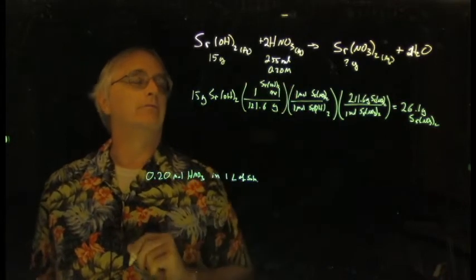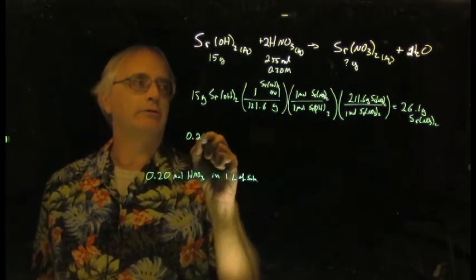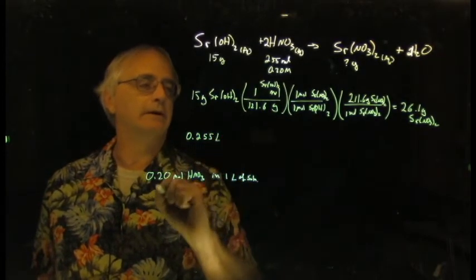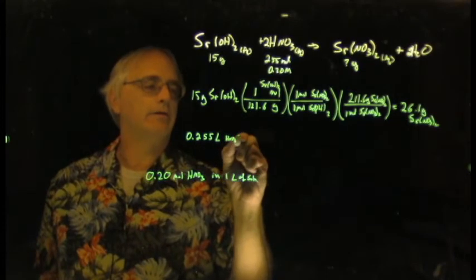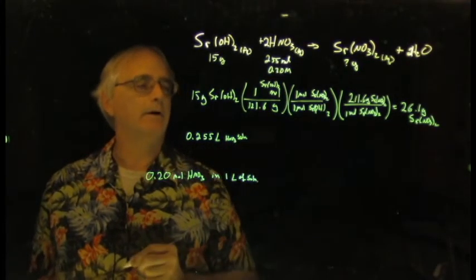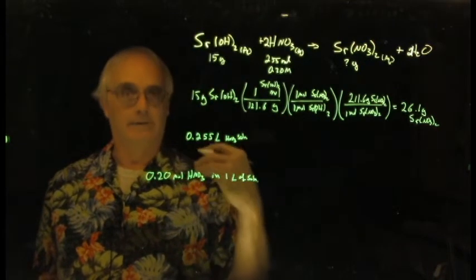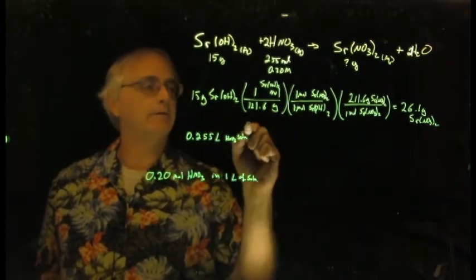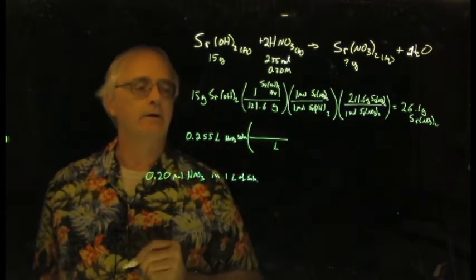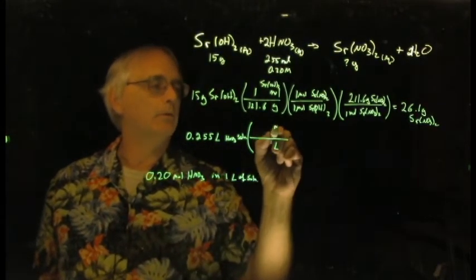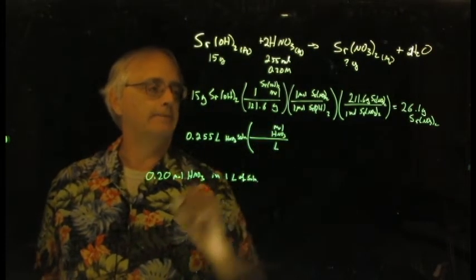Oh, look, I have milliliters, which means I have 0.255 liters of my nitric acid solution. Okay? And if I want to turn whatever I'm given, like these liters, into moles, I know then liters must be the unit down here, moles must be the unit up here, and we are talking about nitric acid now.